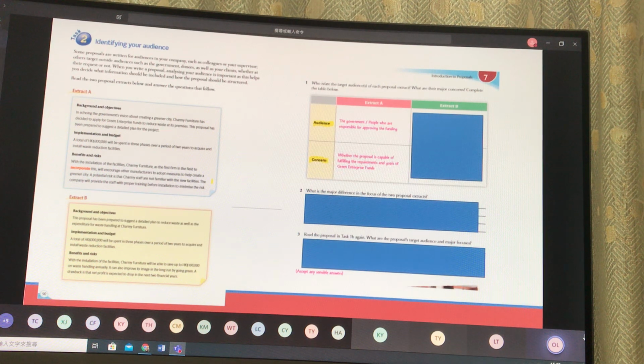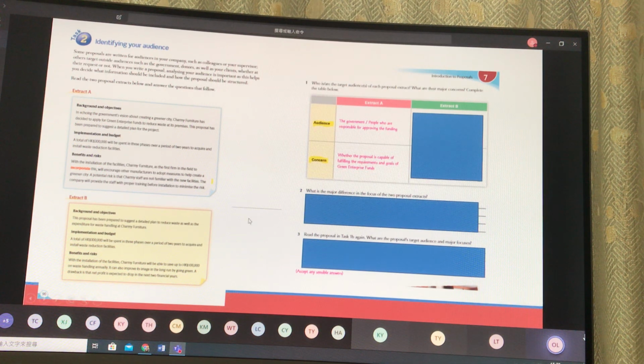So the government would mostly be concerned if we're releasing this money to the company, will they actually go through with it and enact policies that make the environment better? Or will they just stuff the money away somewhere and pretend they did it, right? So we want to make sure that they actually use the money to make the environment better.